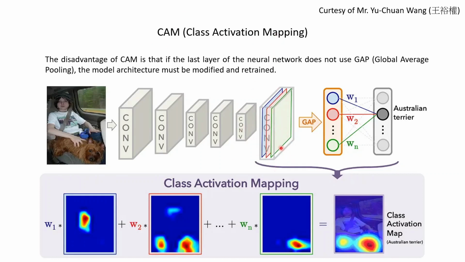If there is a convolution layer very close to your class scores, then you can calculate the weights and sum them up as your classification. So this is the idea. I will show you some details later.